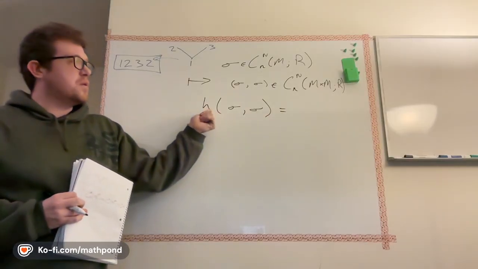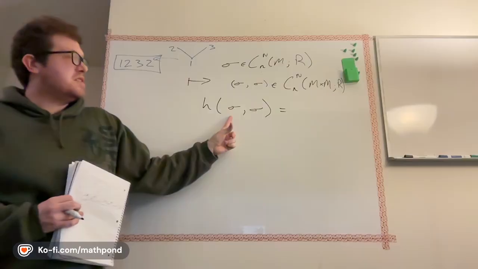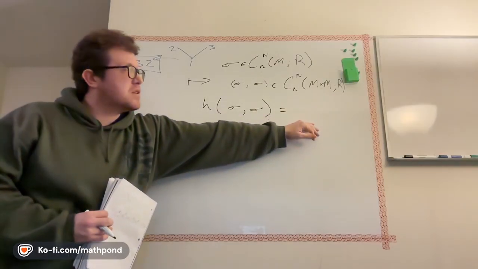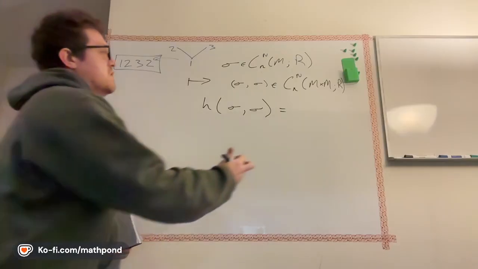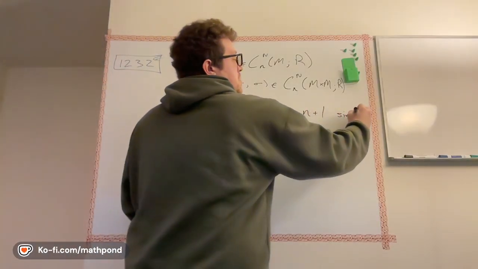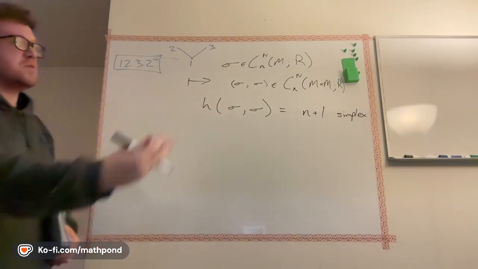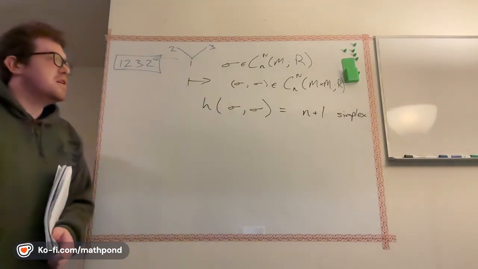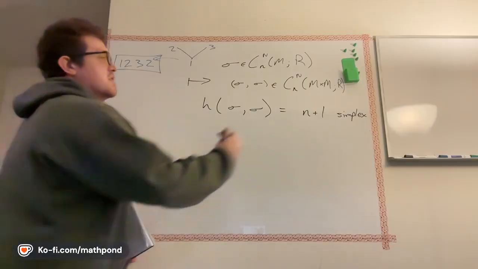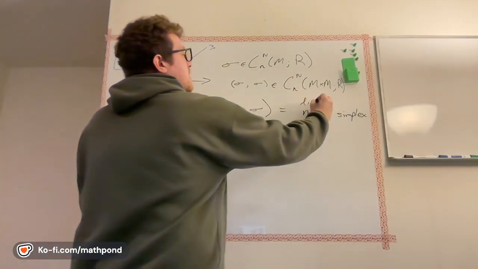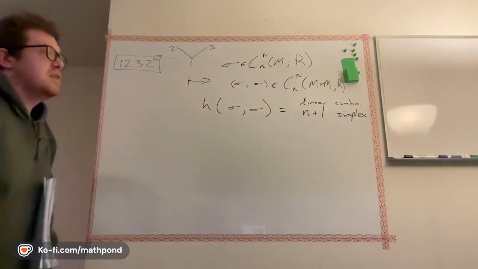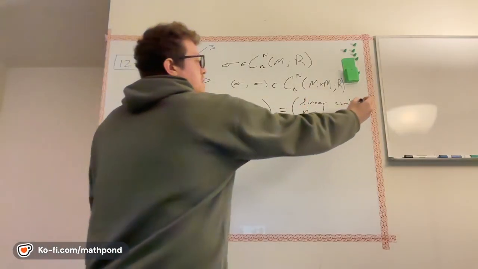Because this is a degree 1 map. You have an n simplex, so the thing I get out should be an n plus 1 simplex. So what n plus 1 simplex is this? Or it could also be a sum over n plus 1 simplices, so some linear combination of n plus 1 simplices.